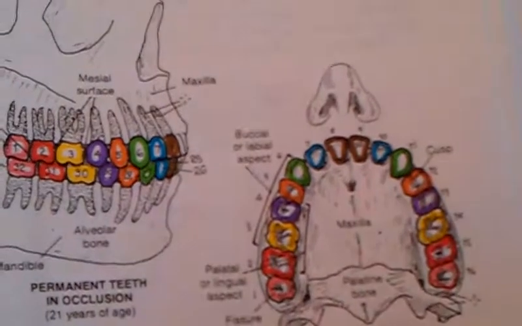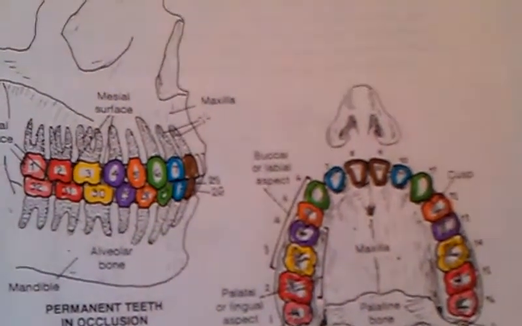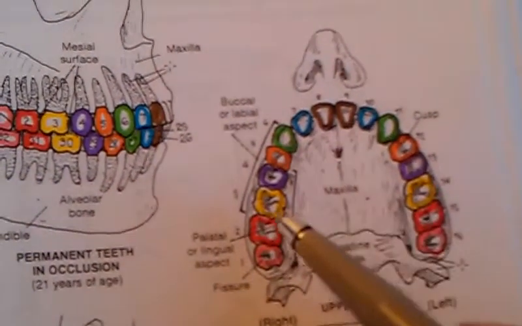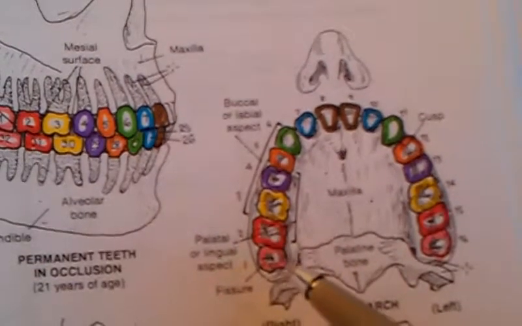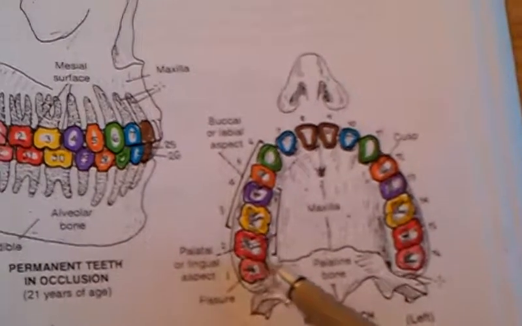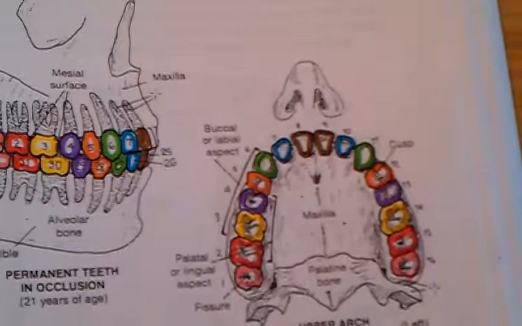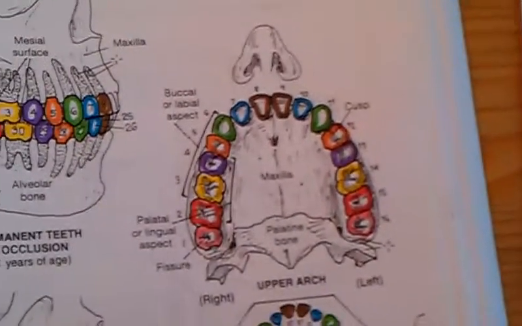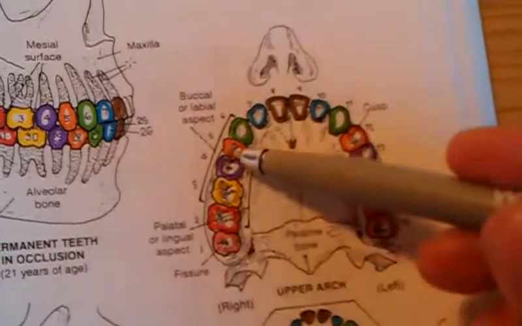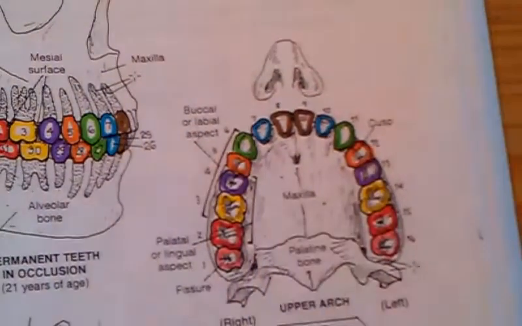You have mesial or anterior, which is directed forward or towards the preceding tooth. And distal, this is the distal surface. And you have the 5th surface, the biting or occlusal, which is directed towards the opposite tooth, so on top of the tooth here.